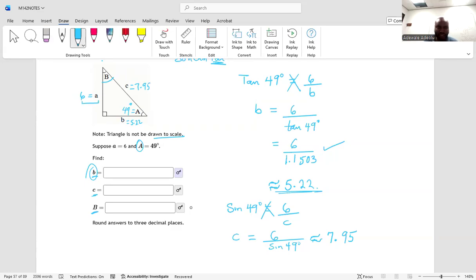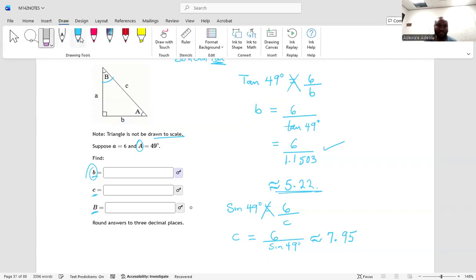We can say this is the adjacent to B, right? And the angle we have, we do not even need to worry ourselves about using SOHCAHTOA in this sense, because look at it, guys.